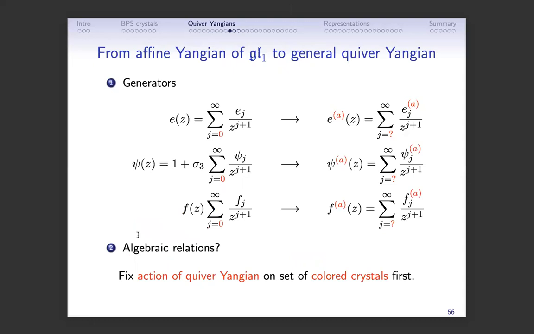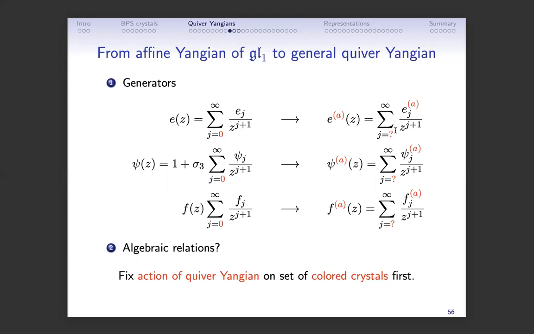So now I want to generalize this alpha Yangian GL1 to the general quiver Yangian. For the generators, before I had three families: the Cartan, the raising operator and the lowering operator. Now for each color, I have a family. Before, I know this expansion starts from 0 here.